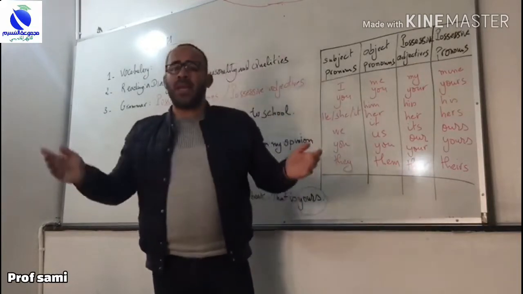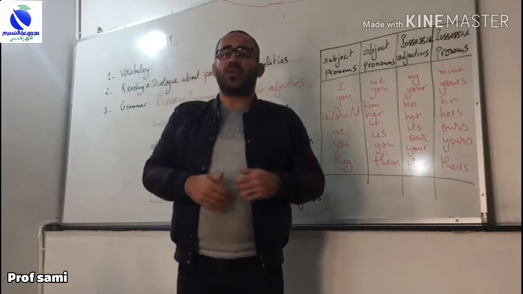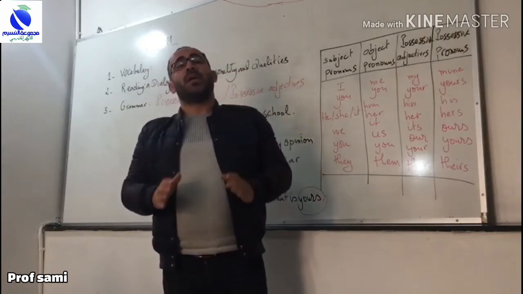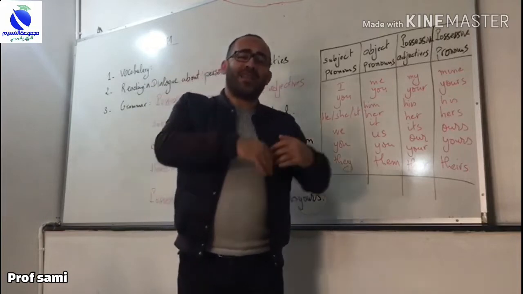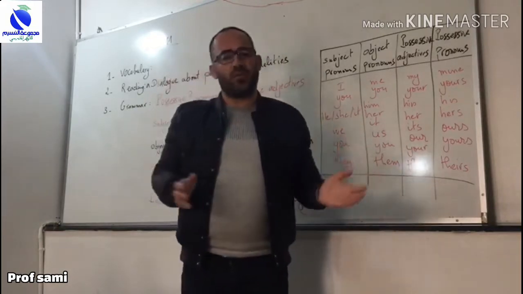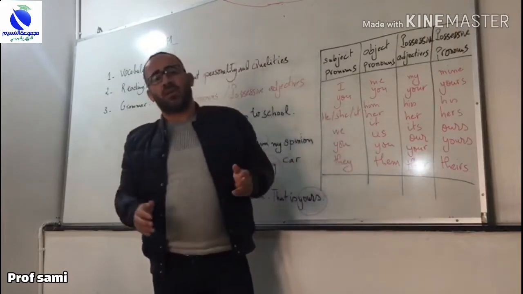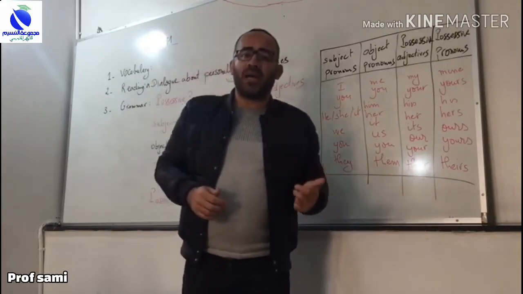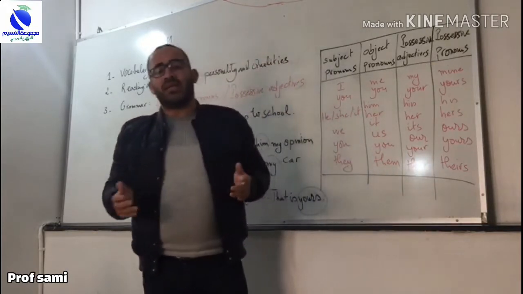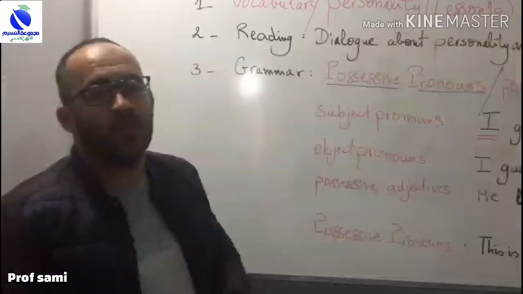To talk about the bad qualities of people, we can use, for example, thrifty, impolite, rude.